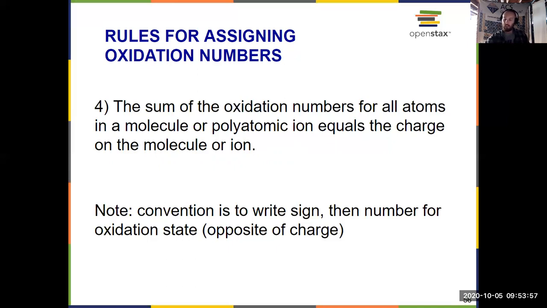So when we add all the oxidation numbers together, if the molecule is neutral, then they should equal 0. If it was a polyatomic ion, then they should equal the charge on the ion. And just one conventional note, typically when we're writing oxidation states or oxidation numbers, we write the sign, then the number, like +2 or -3.